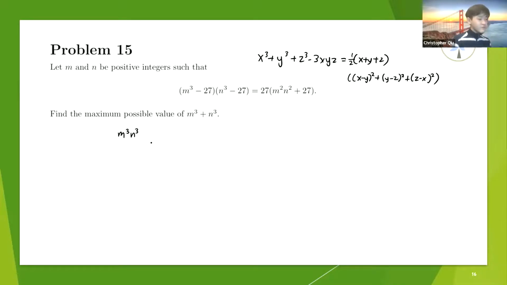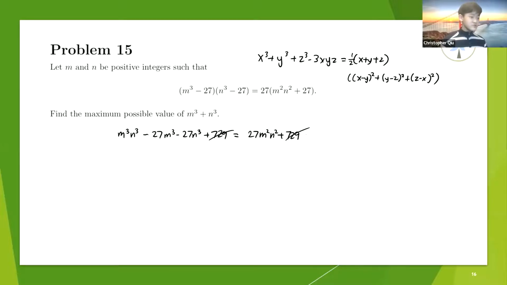So we'd have m cubed n cubed minus 27 m cubed minus 27 n cubed plus 729 is equal to 27 m squared n squared plus 729. So now we can see that these two terms can get canceled out.